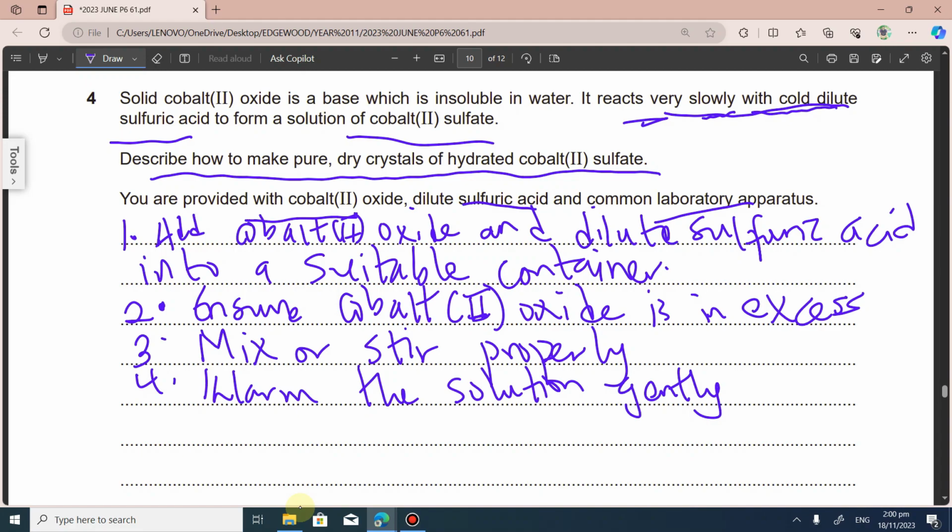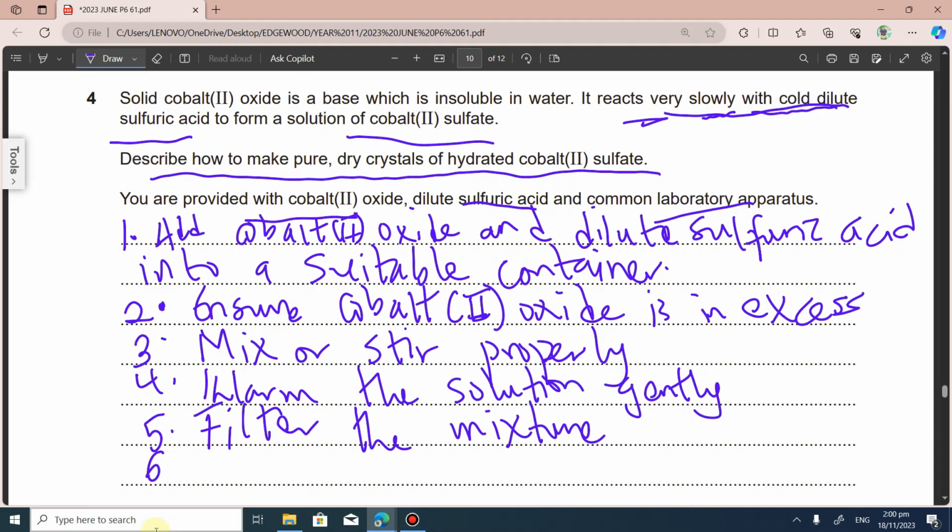Now, after warming the solution, step number 5 is to filter the mixture to remove the excess cobalt 2 oxide that you added. After filtering the mixture, of course, we have step number 6.